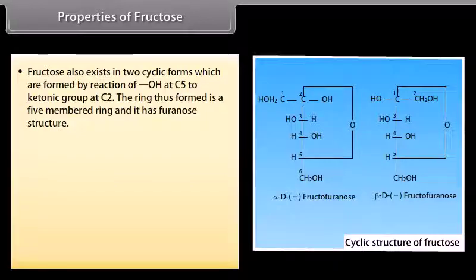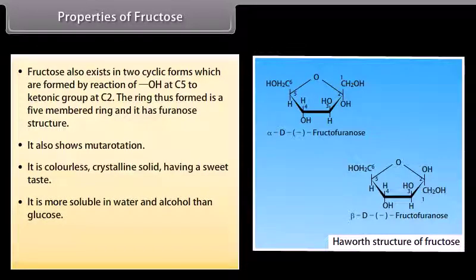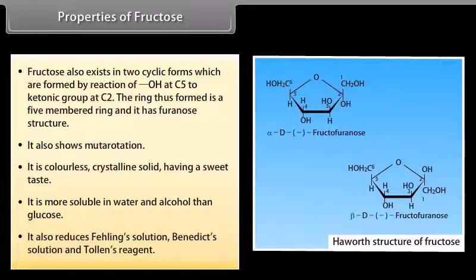The ring thus formed is a 5-membered ring and it has furanose structure. It also shows mutarotation. It is a colorless, crystalline solid with a sweet taste. It is more soluble in water and alcohol than glucose. It also reduces Fehling's solution, Benedict's solution and Tollens reagent.